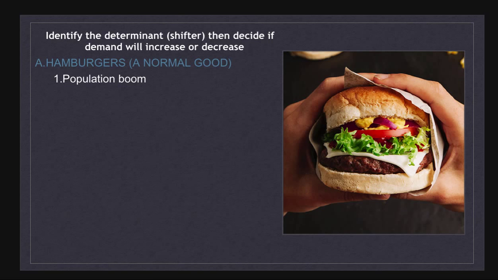Identify the shifter, identify the determinant. Then in the second column, you're identifying, is it going to increase or decrease demand? And then the third column, does it shift to the right or the left? So you should have discussed this with your neighbor, compared a little bit, and figured out who was right and who was wrong. If you have to rock, paper, scissors for it, I suppose you could.